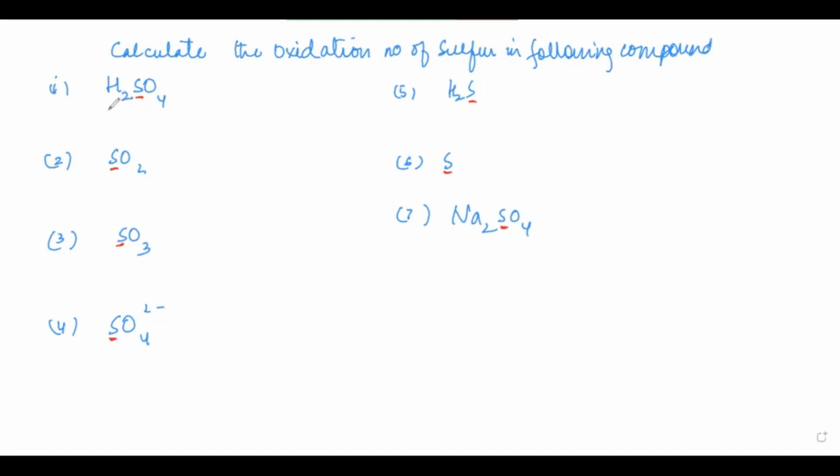Now, according to this, we have already seen one of the rules where we are saying that hydrogen has a fixed oxidation number, and that fixed oxidation number is +1. So how many atoms are there? 2. So we will have +1 times 2. Okay, sulfur we need to find out, so let's put it as X. Oxygen, I said it's -2 most of the cases except for peroxide.